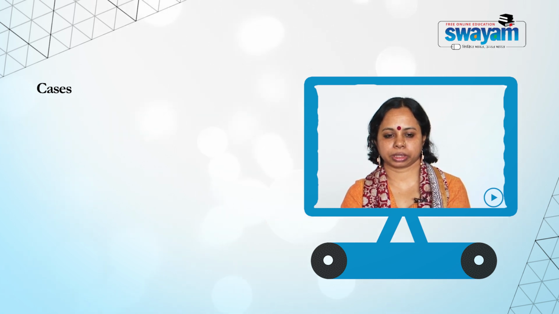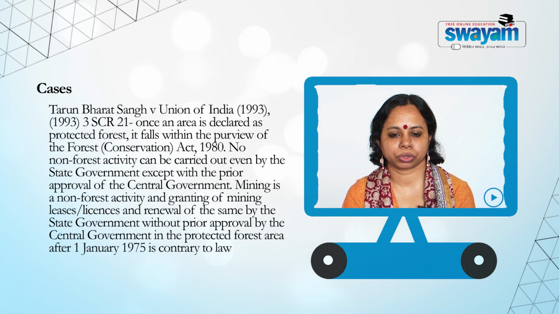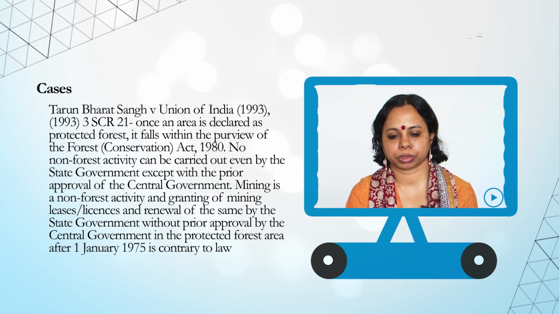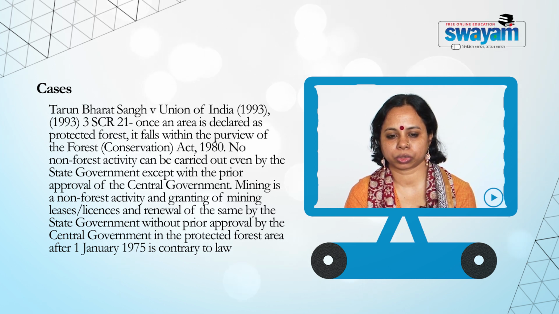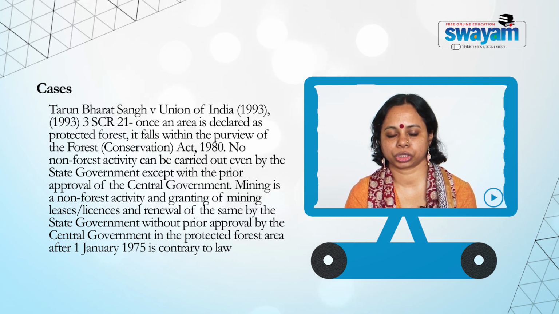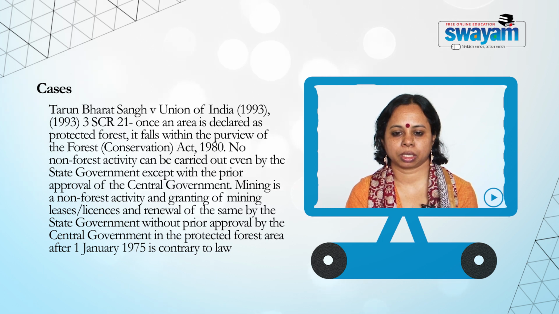In 1993, in Tarun Bharat Sangh versus Union of India, an issue was brought to the notice of the court by the petitioner, who was complaining about a protected forest in the Alwar district of Rajasthan being used where mining licenses were issued by the state government.